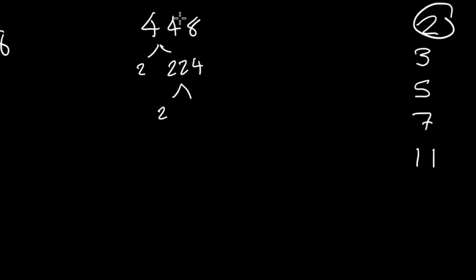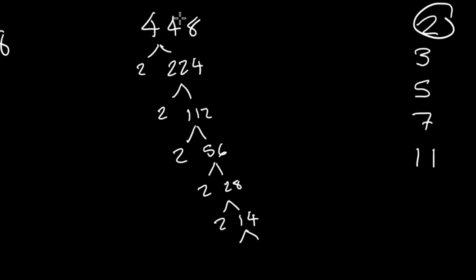Keep going. 224 divided by 2 is 112. Divided by 2 again is 56. Divided by 2 again is 28. Divided by 2 again is 14. And divided by 2 again is 7. Now I know we can end here because 7 is prime and it can't be divided any further down.